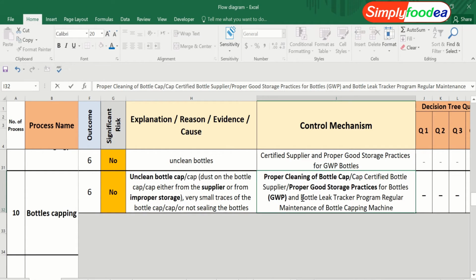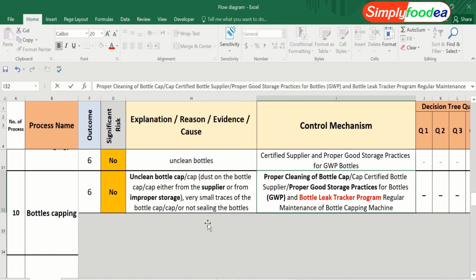And some companies run a bottle leak tester program, which tests the proper closure of our bottles. Then the maintenance of this leak tester and the proper maintenance of this program.